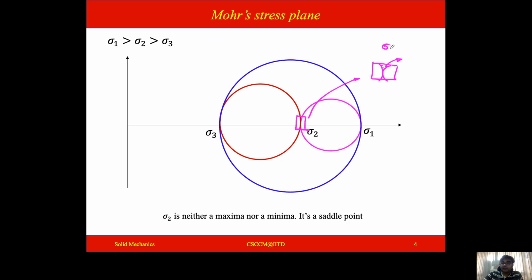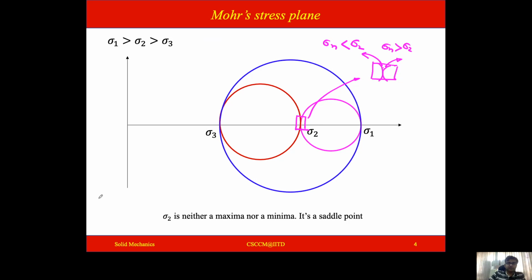There are sigma n greater than sigma 2, and on the other hand, on this side, the sigma n is less than sigma 2. So this sigma 2 is neither a global minima nor a local minima, because sigma 1 is the global maxima and sigma 3 is the global minima.